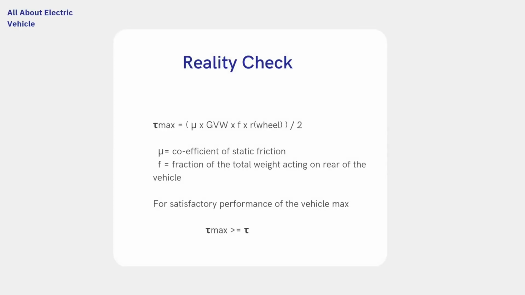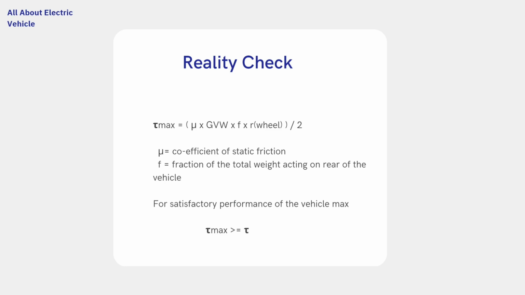Reality check. When the required torque has been calculated, it is necessary to check if the wheels of the vehicle are capable enough to transmit the required amount of torque, for which the maximum torque that can be transmitted through the wheels needs to be calculated.